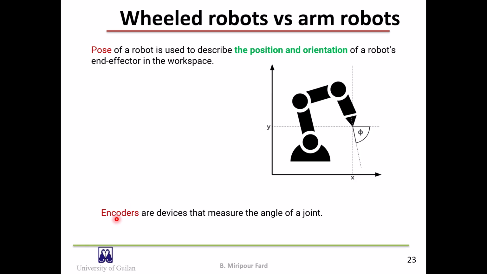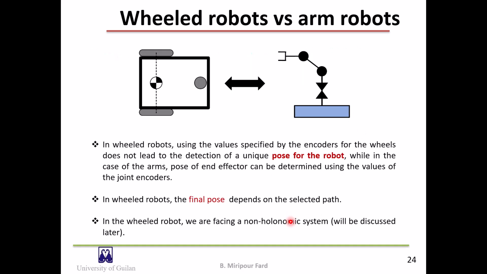The next term is encoders. Encoders simply are devices that measure the angle of a joint. In wheeled robots, using the values specified by the encoders for the wheels does not lead to the detection of a unique pose for the robot, while in the case of the arms, the pose of the end effector can be determined using the values of the joint encoders.